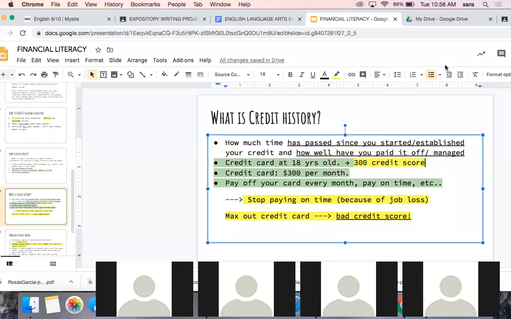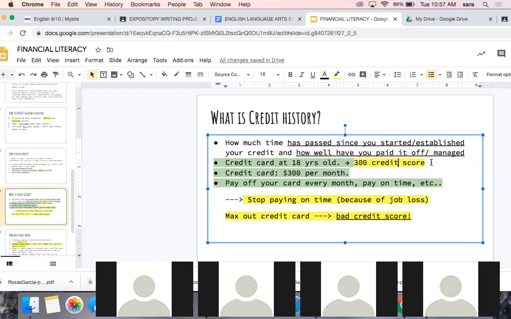Okay, no one starts with a 0. The lowest you can have is a 300. So when you start establishing your credit after high school, that's when you're 18, right? Your credit score starts at 300. That means it's the lowest of the lowest.